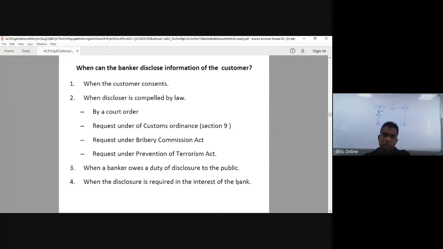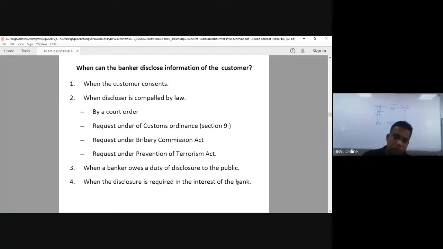Now, recently that person has been captured by the police, and police investigations are going on. They are now seizing the properties of this drug dealer. Now, you have his account in the bank. There is no court order from the court or the police requesting information.